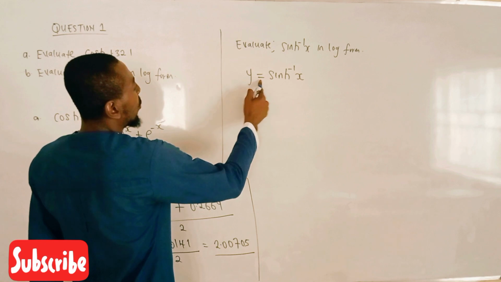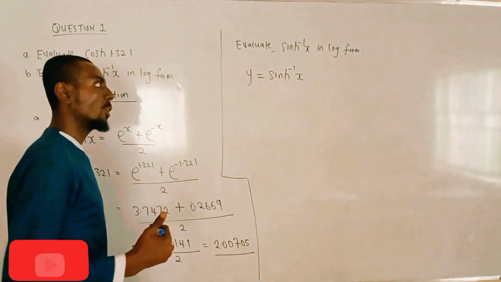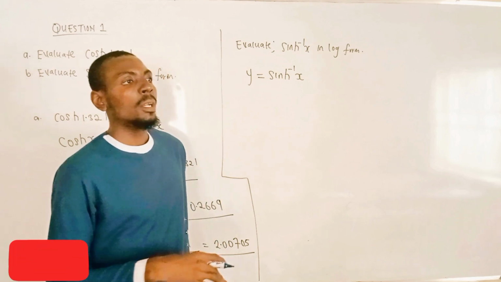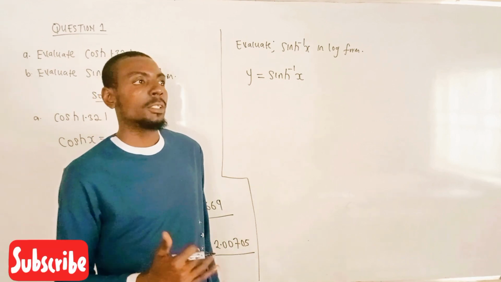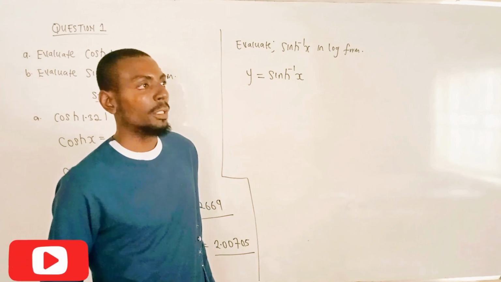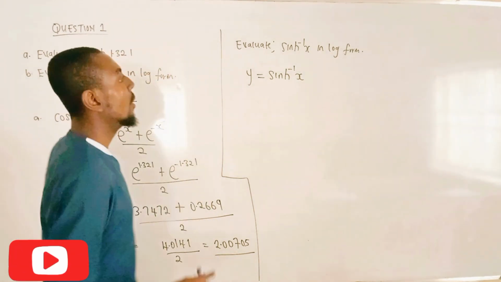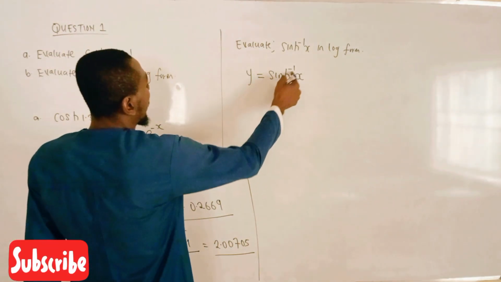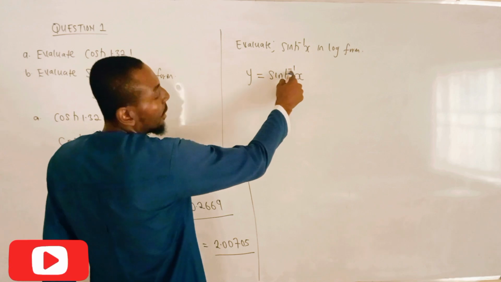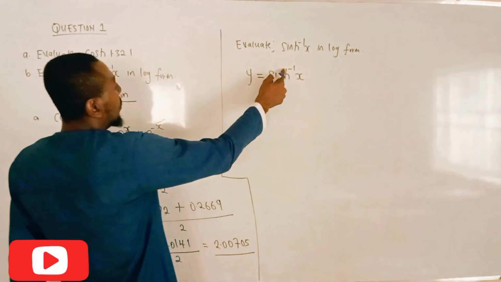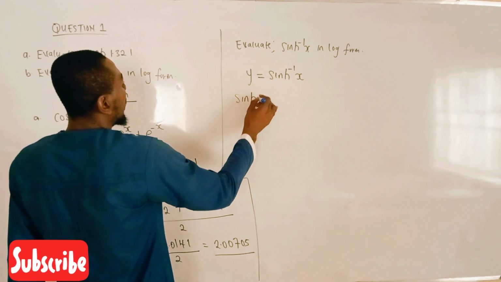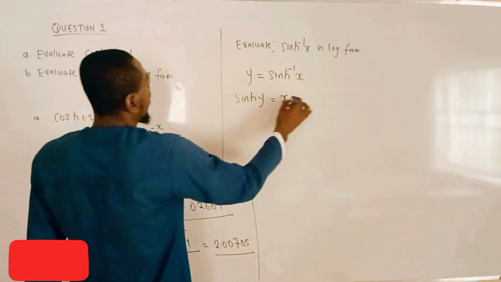If y is equal to sinh inverse of x, we are about to derive the formula for sinh inverse of x, which will be in log form. Taking the inverse of the hyperbolic function to this side gives the normal sinh of y equal to x.